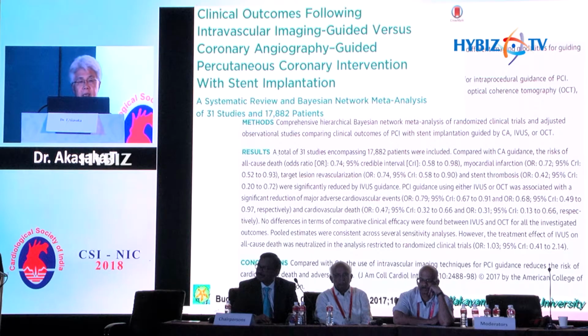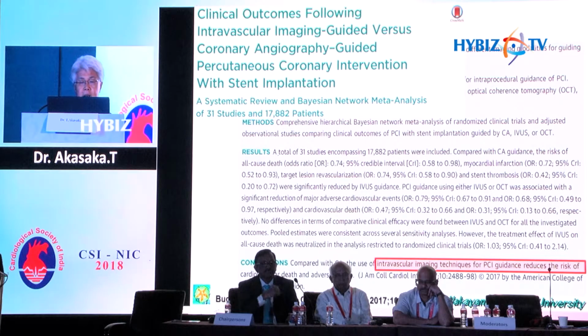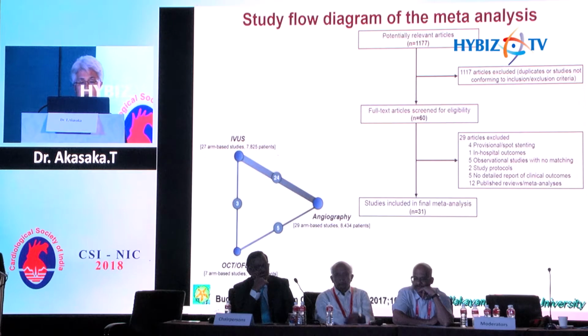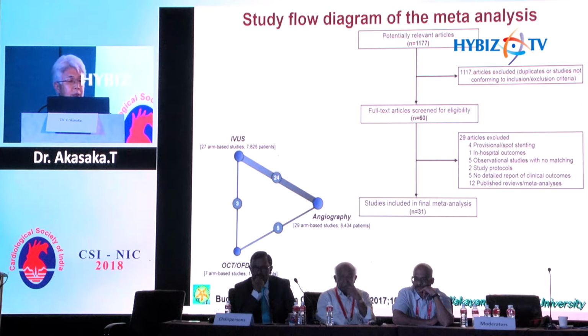And this is the meta-analysis comparing imaging guide versus angio guide. The imaging guide reduces the risk of cardiac death and many adverse events. They finally compared 31 studies of IVUS guide, angio guide and OCT guide, as shown in this slide.